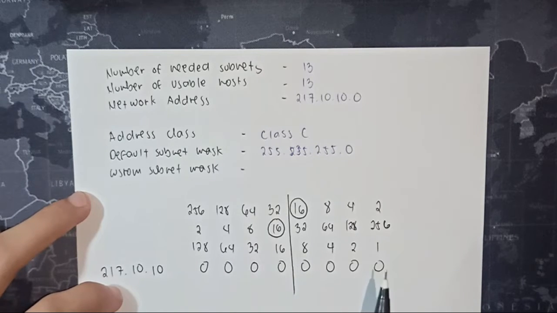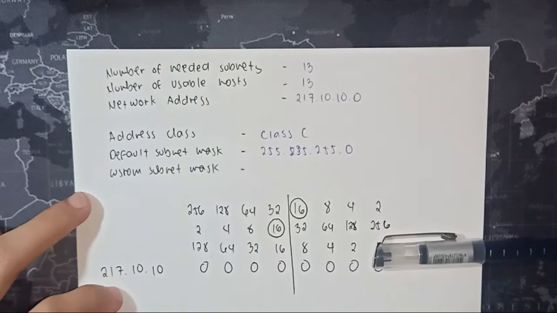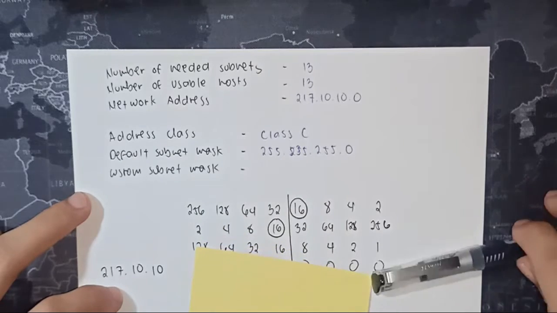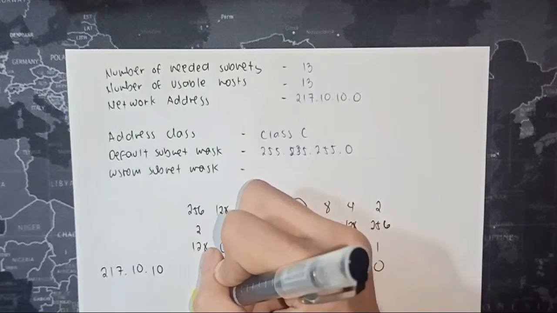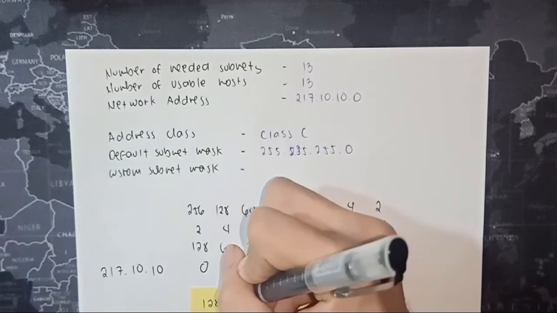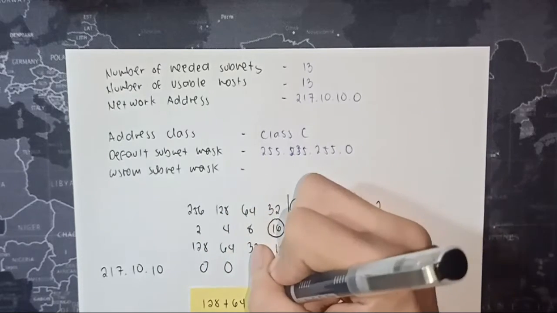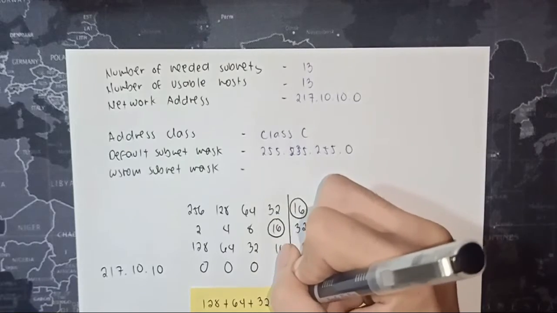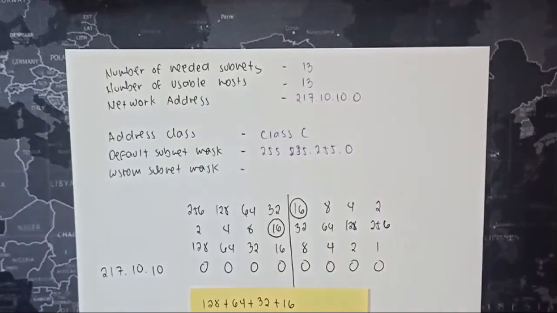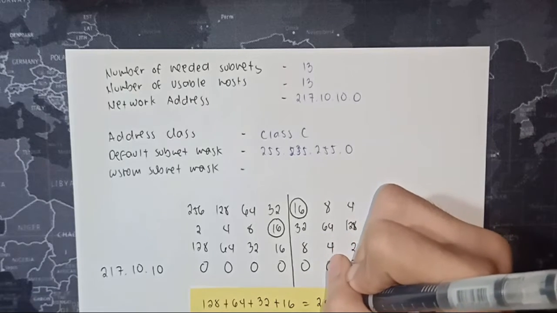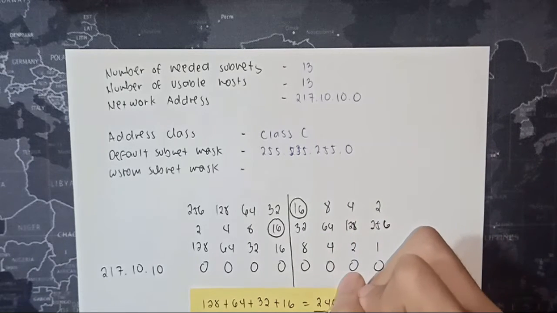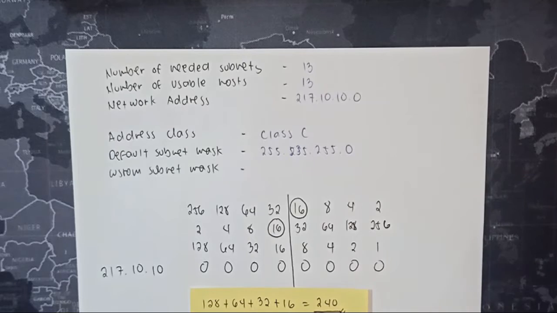We're just going to add them all. So it is equal to 240. So there you have our custom subnet mask.